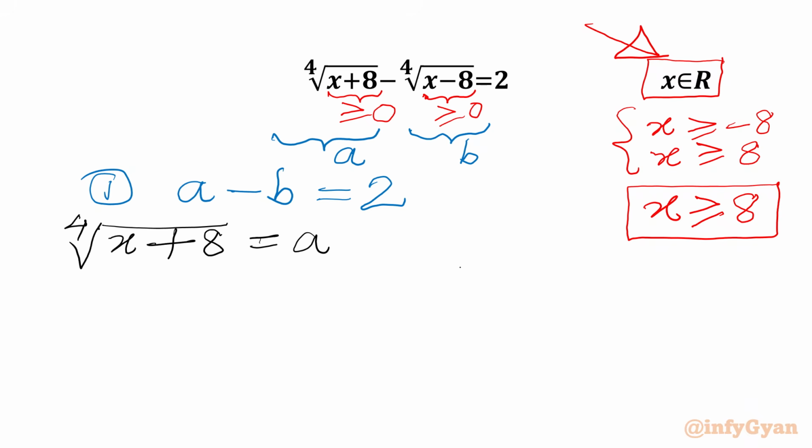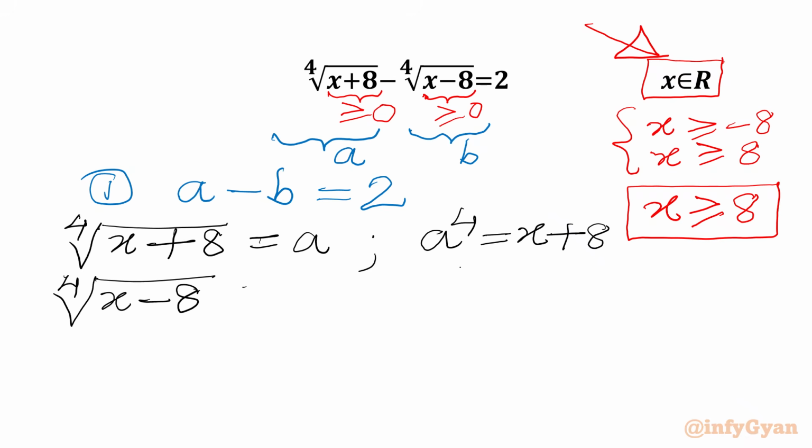By raising power 4 on both sides, we will get a power 4 equal to x plus 8. Similarly, we have fourth root of x minus 8 equal to b. By raising power 4 on both sides, we will get b power 4 equal to x minus 8.